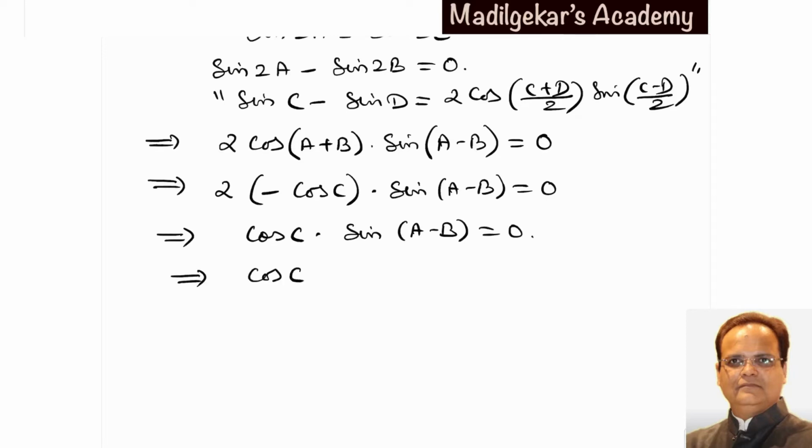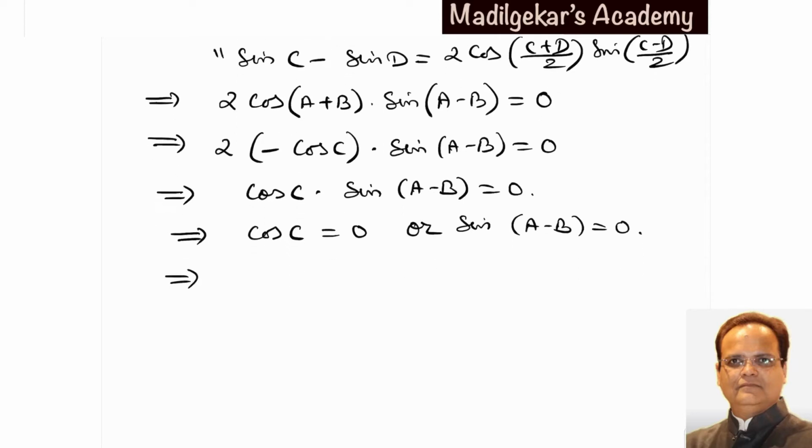So either cos C is 0 or sin of (A minus B) equals 0. Cos C is 0 only for 90 degrees. So C must be 90 degrees. And here sin(A minus B) is 0 means A minus B must be 0.